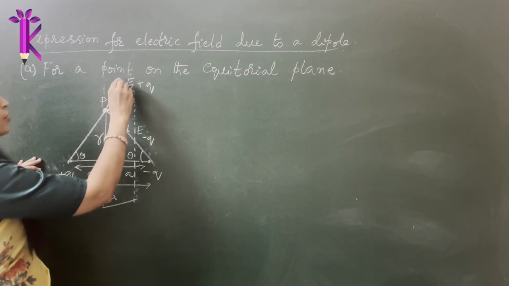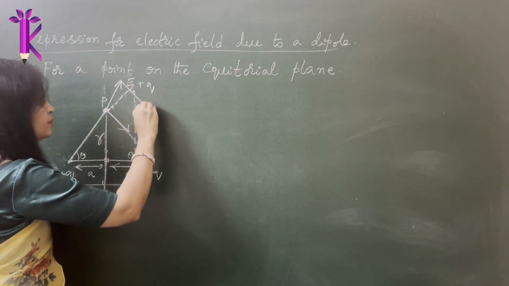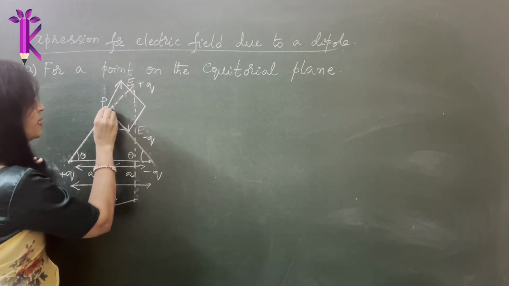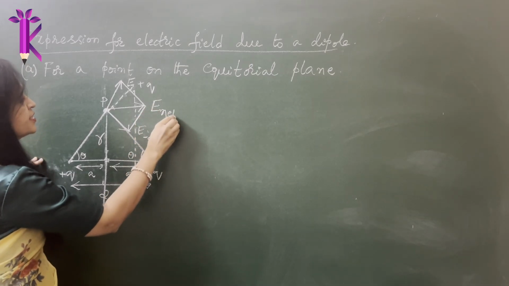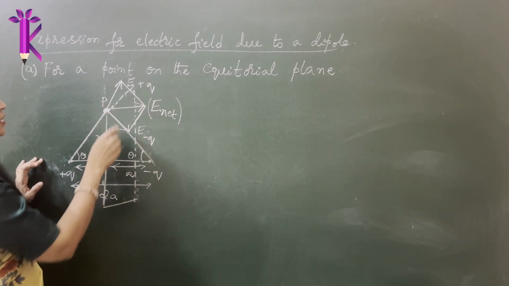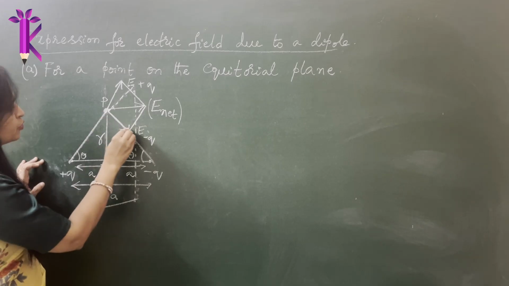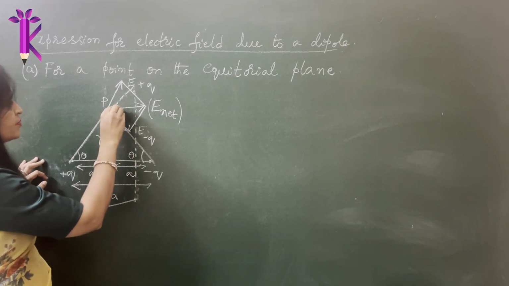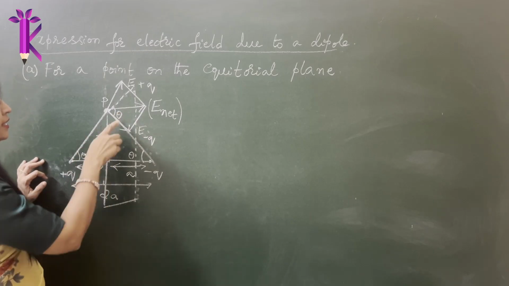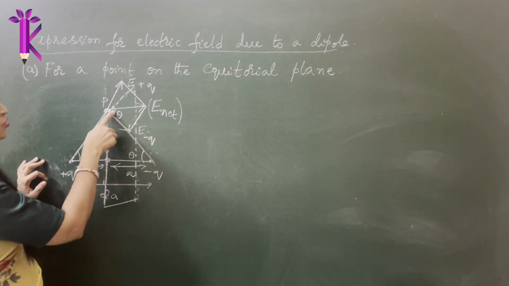Now if you complete the parallelogram, then you see this will be the net direction of the electric field. If you resolve this electric field into the horizontal and vertical components, if this is theta, this will also be theta.